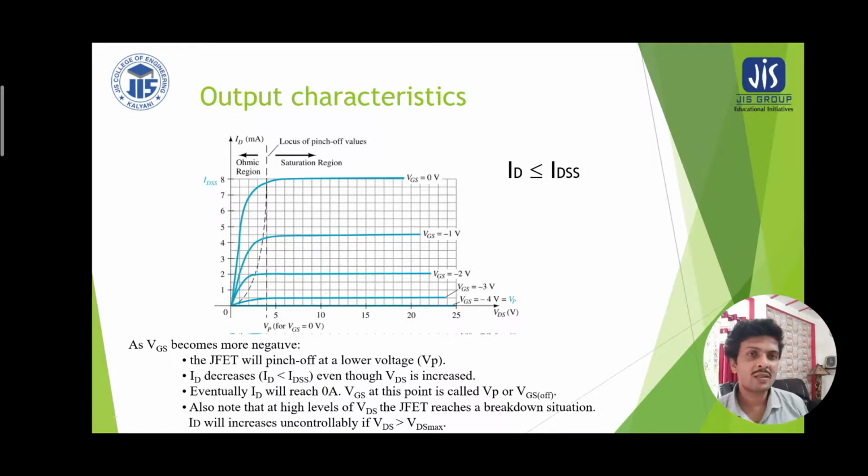As obvious, due to minus 1 volt, which is more negative compared to 0 volt, the width of the depletion region has been increased. If we further increase the negative gate to source voltage, that means VGS equal to minus 2 volt, minus 3 volt or minus 4 volt, with more and more negative voltage at the gate terminal for the N channel junction field effect transistor, we are getting more rise in the depletion region width, and that will reduce the effective channel width.